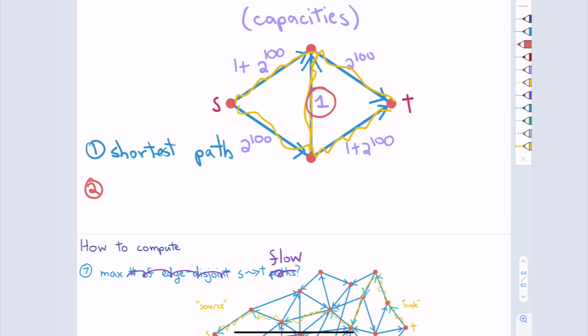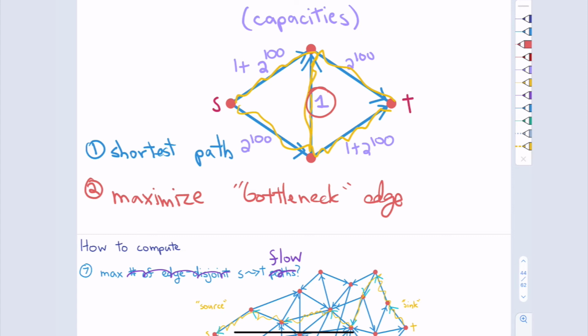So maybe we can try to maximize this bottleneck edge. Try to find paths where all the capacities are big, so I can send more flow in each iteration. I think those are both natural.